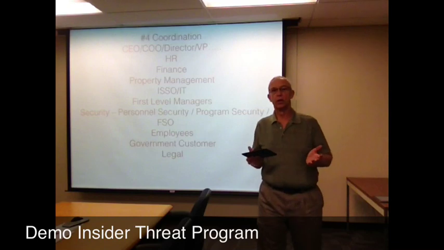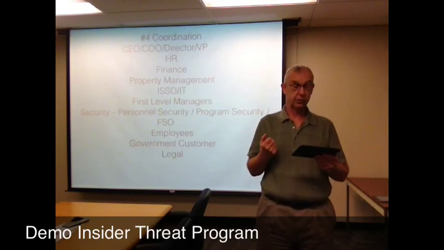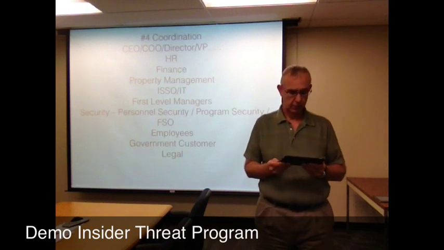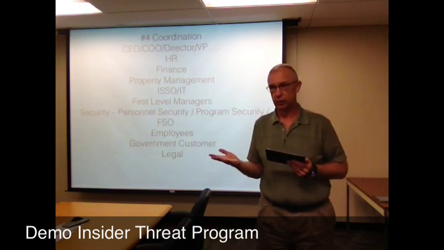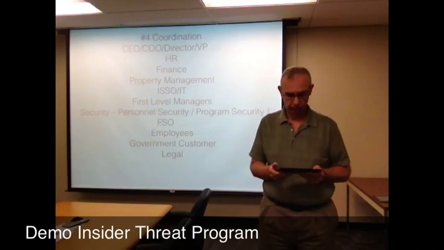Now, who do you need to coordinate with in your program? You need to coordinate with your CEO, obviously, the COO, if you have one, your directors and your VPs. Your C-suite, as we call it.